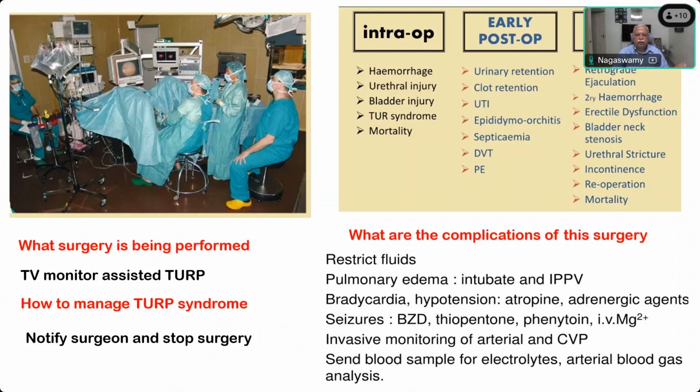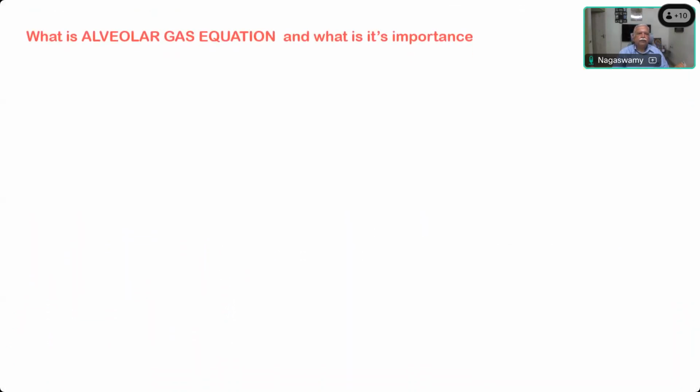Intra-op, hemorrhage, urethral injury, bladder injury, TUR syndrome, mortality. Early post-op, urinary retention, clot retention, urinary tract infection, epididymo-orchitis, septicemia, DVT, pulmonary embolism. Late post-op complications, because most of them are all surgical oriented.